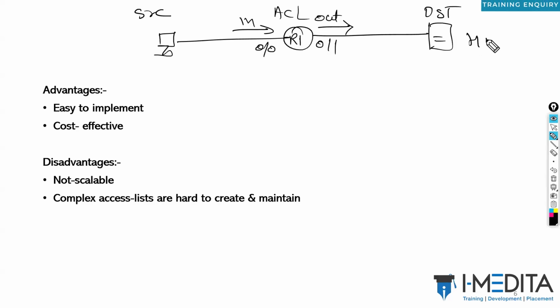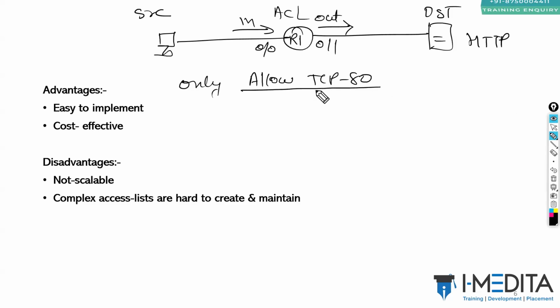Now, if this server is an HTTP server, what do we need to do? We need to allow the HTTP port number, that is TCP port number 80. If you want the PC to access this server, then we only need to allow TCP port number 80 and apply it in the in direction or out direction.